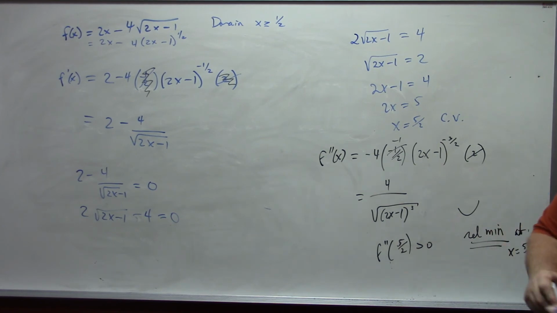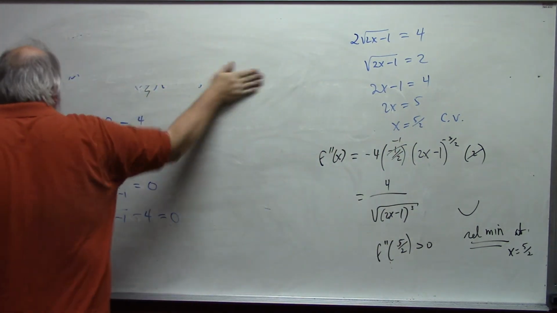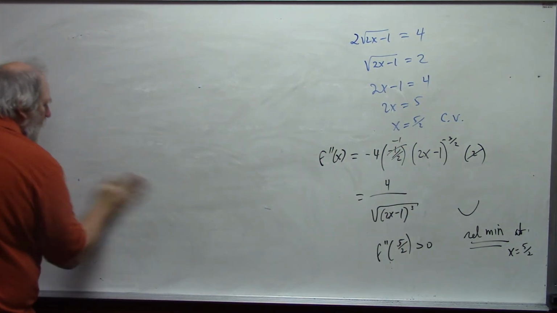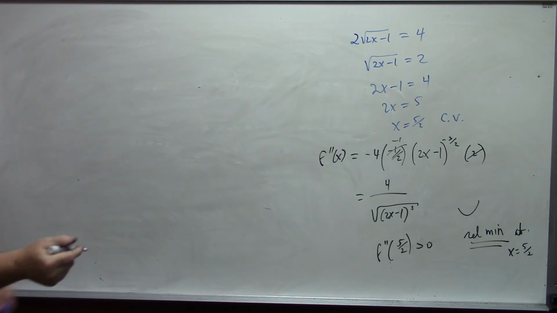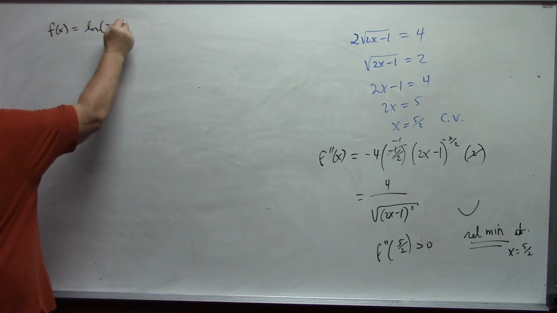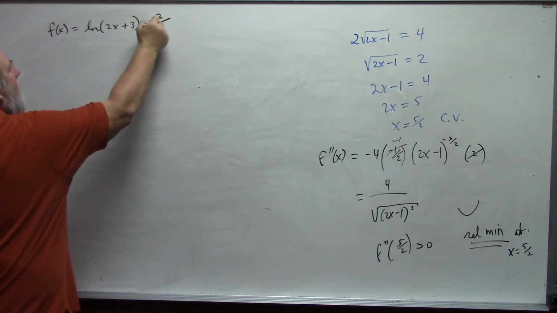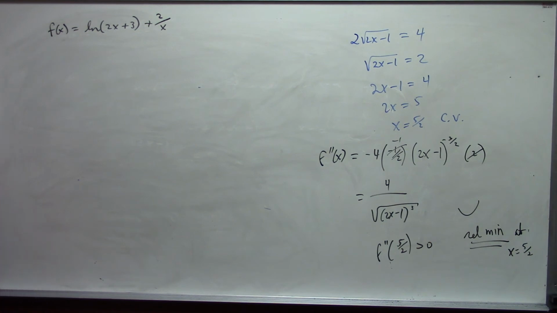One more example. I'll leave that up for a moment. Suppose I have f of x equals the natural log of 2x plus 3 plus 2 over x.